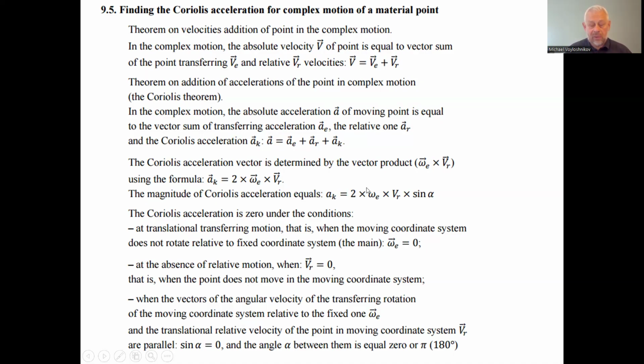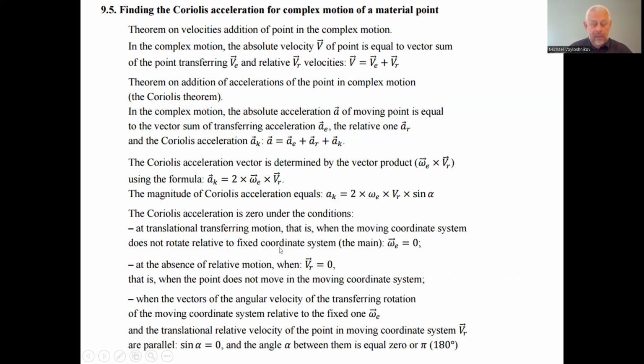Then the motion of the right screw coincides with the positive direction of the angular velocity, that is the direction of the vector of the transfer angular velocity. And the translational velocity direction is understandable: the vector is directed along the direction of the moving of the point in the moving coordinate system.